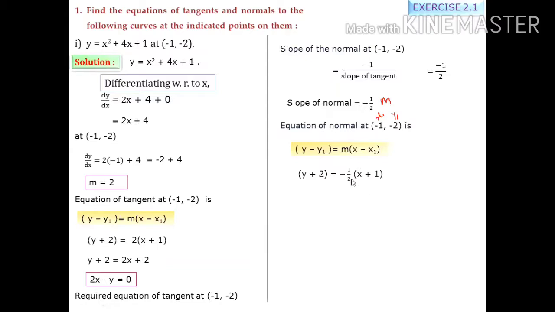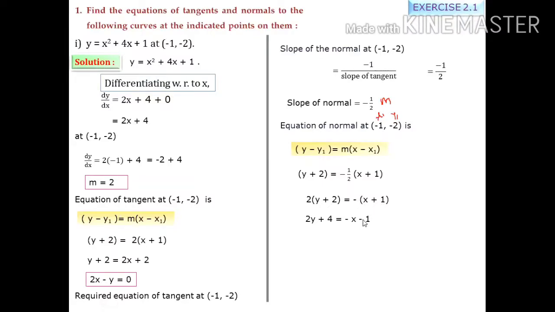So the equation of the normal is obtained: y plus 2 is equal to minus half times (x plus 1). Next step, the denominator 2 is shifted to the left-hand side, multiplied with y plus 2. 2 times (y plus 2) is equal to minus 1 times (x plus 1). Multiplying inside, we get 2y plus 4 is equal to minus x minus 1.